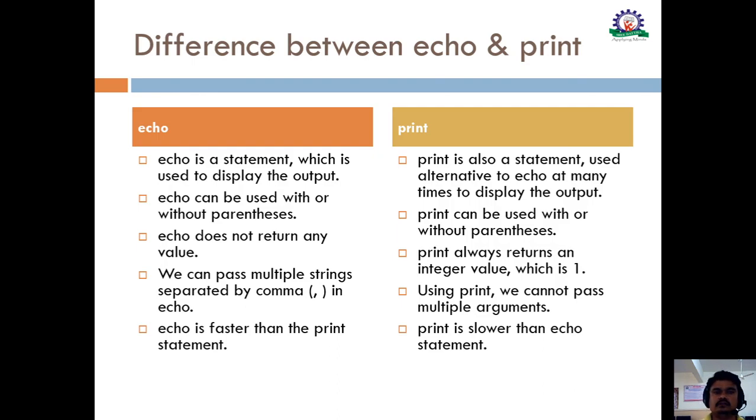We can pass only one argument at one time. We cannot pass multiple arguments. Okay. So next, echo is faster than the print statement. Then when compared with echo, print is slower than the echo statement. So this is what we studied in today's session. So in the next session, we are going to learn about variables and the upcoming topics.